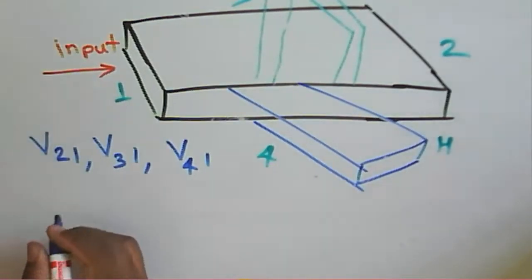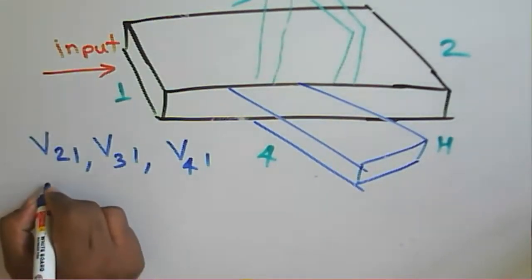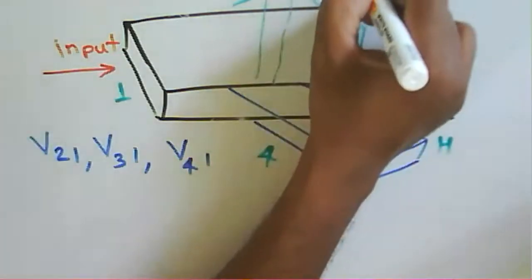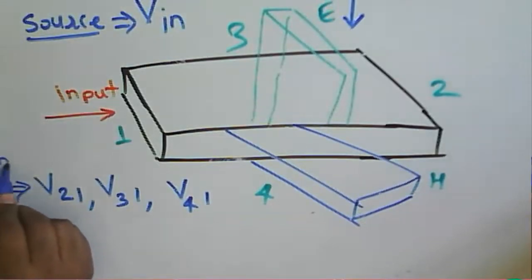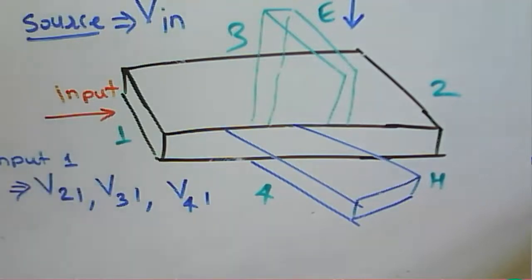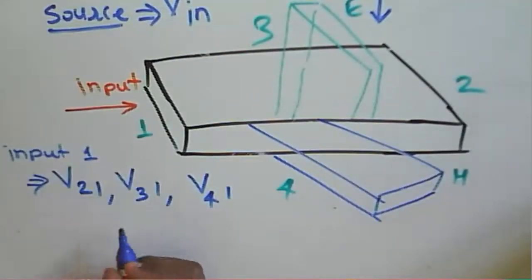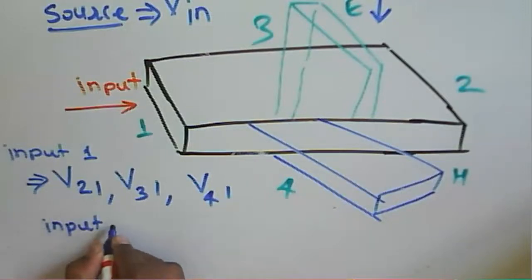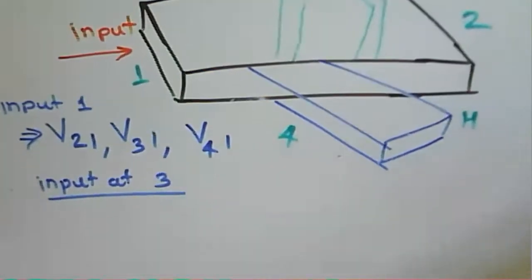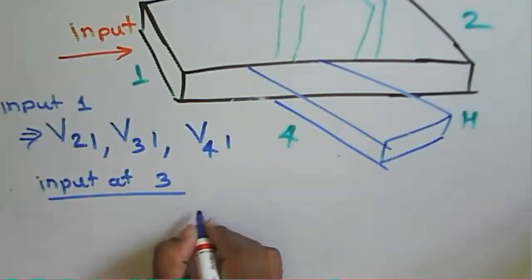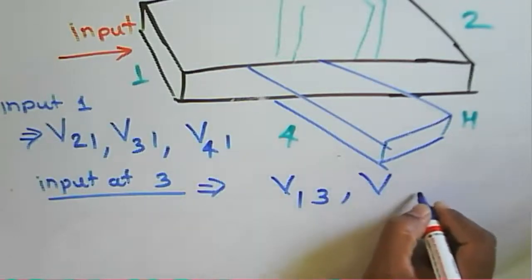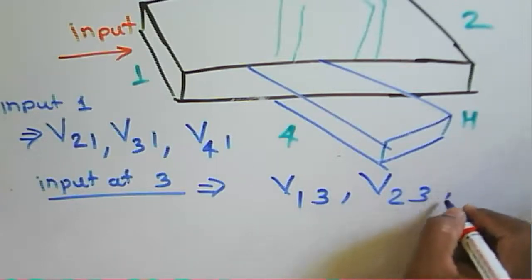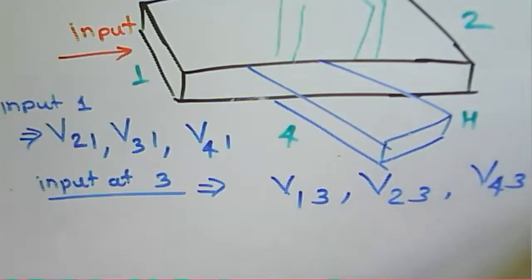Now the next condition: if we consider the input at port 3 instead, then we get the outputs V31, V32, and V34.